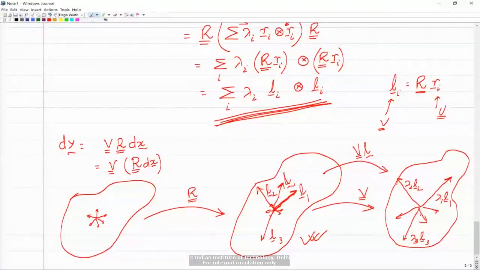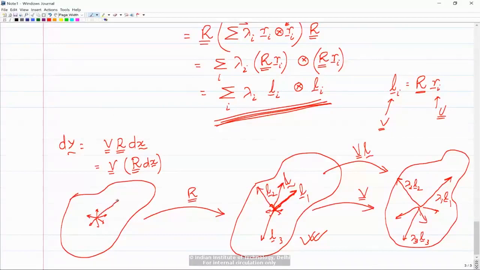So in the VR decomposition, in the intermediate one, we have L1, L2 and L3. Yes. And we said that while applying the R transformation, there is only rotation, there is no change in length. Correct. It means in the left one, there is also L1, L2, L3. Yes, but they are R inverse L1. That's a very good question.